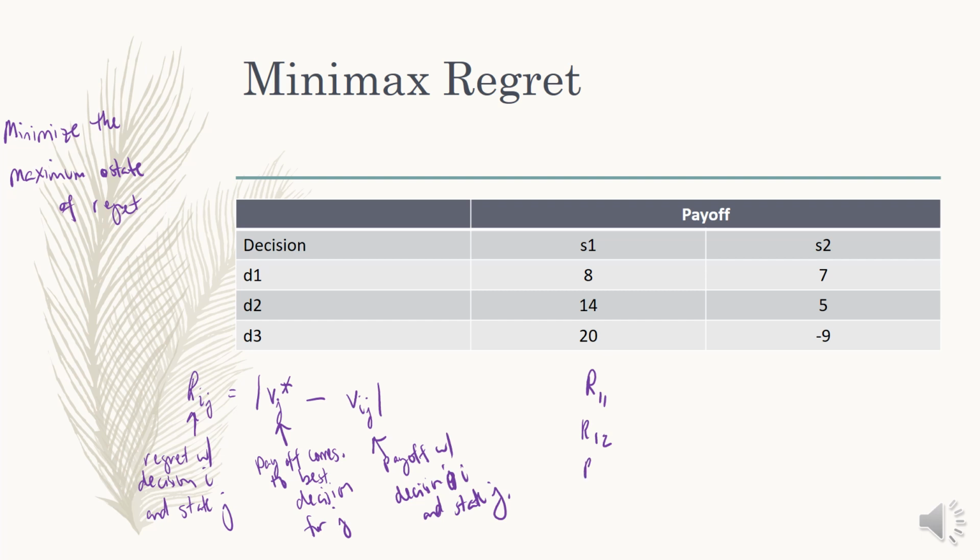R21, building medium, having strong demand. R22, building medium, having weak demand. R31, building the large complex and then having strong demand, and also R32, building the large complex but then having weak demand. So we're going to figure out all these and then minimize.